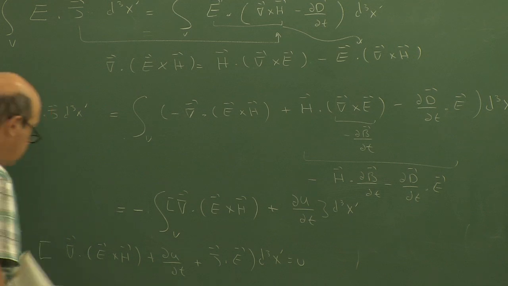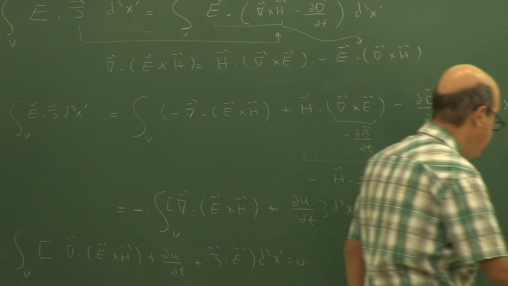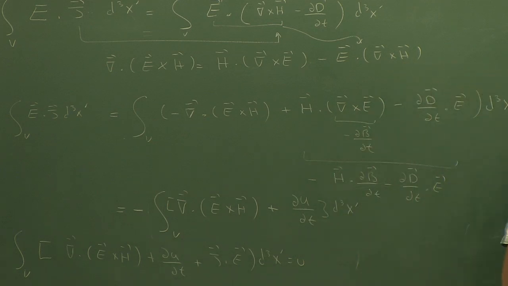So that tells you that divergence of E cross H plus del U over del T is equal to J dot E.